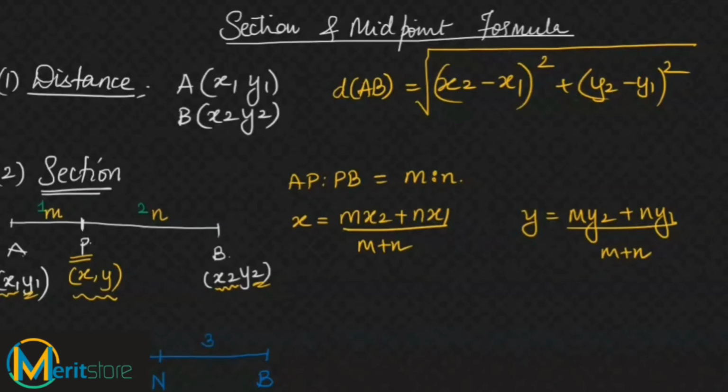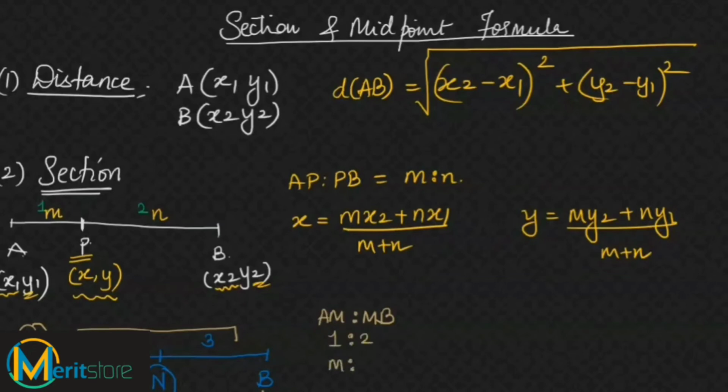I need to find the coordinates of M and I need to find the coordinates of N separately. So we can say that AM, this one, and ratio MB. So here it's 1 and this is covering two parts. So the ratio would be 1:2.